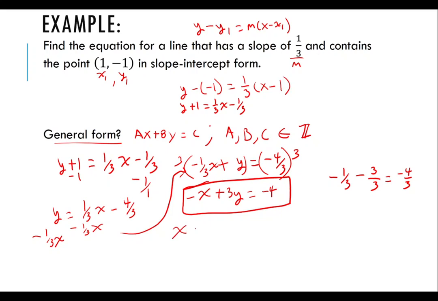Negative 1 times 3y is negative 3y. And negative times negative 4 is equal to 4. Understand that these two are both equally correct depending upon the textbook that you see. But general form or standard form of a line just means ax plus by equals c, where a, b, and c is an integer.